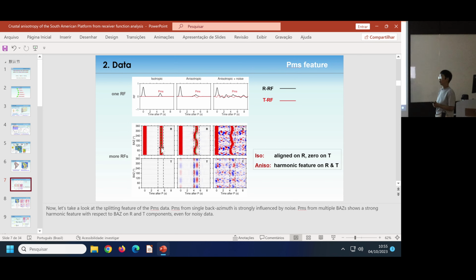But even if there is anisotropy in the sediments, it should not interfere with this analysis. I think it will influence the tau intensity, because the sediment layer will influence the PMS arrival.